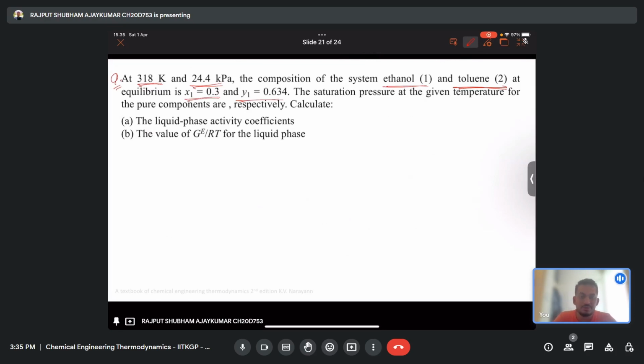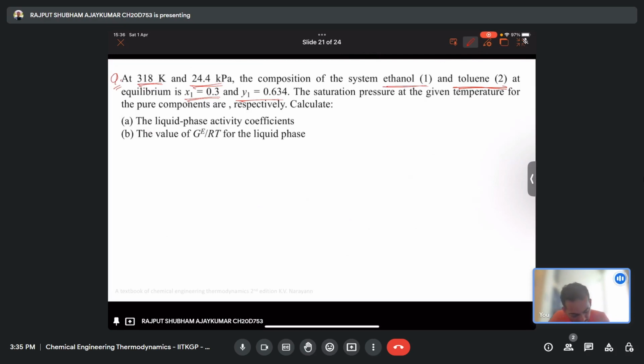The saturation pressure at the given temperature is given for the pure components. We have to identify the saturation vapor pressure for the pure components respectively. What they have asked is to calculate the liquid phase activity coefficients and the value of excess Gibbs free energy by RT for the liquid phase.